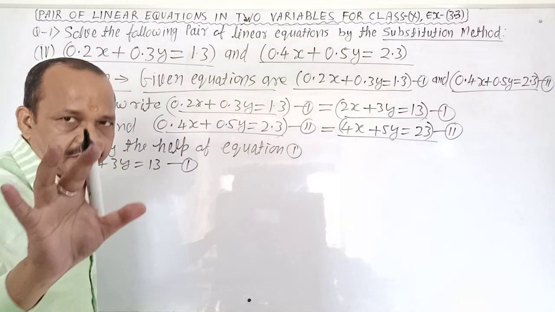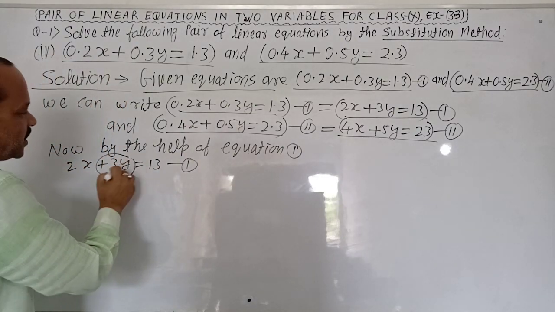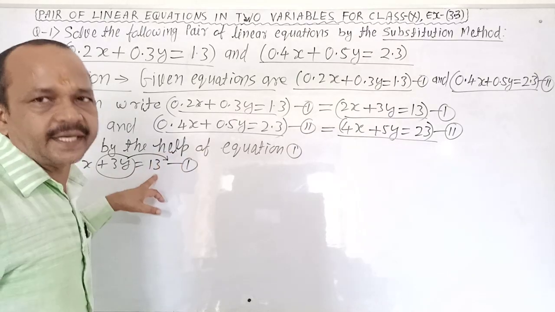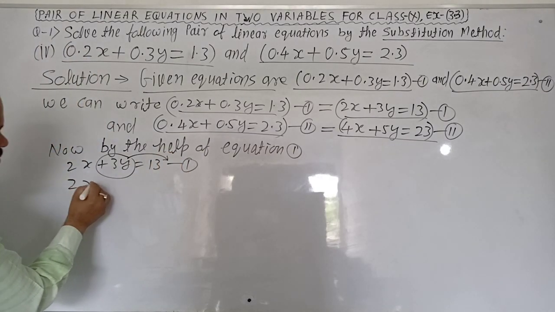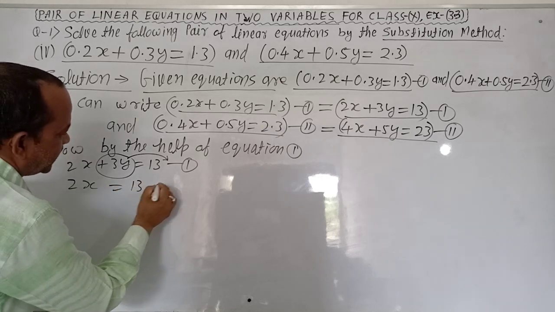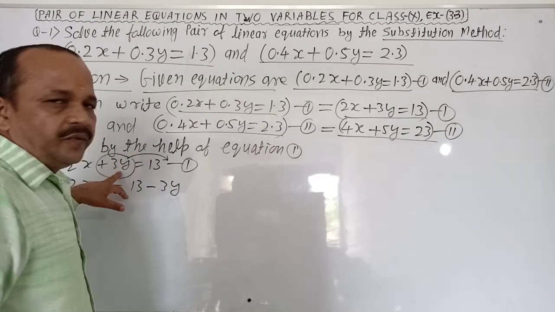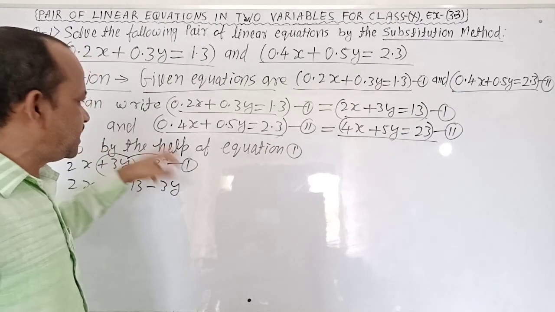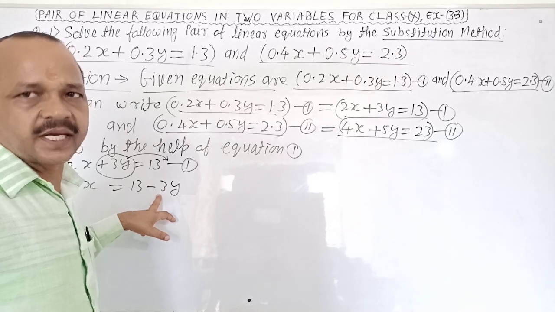It is equation first. Here you can write 3y on the right side of equal. It becomes 2x equal to 13 minus 3y. Clear? Here 3y is with a positive sign. When you write it on the right side, then it becomes with a minus sign. Clear?